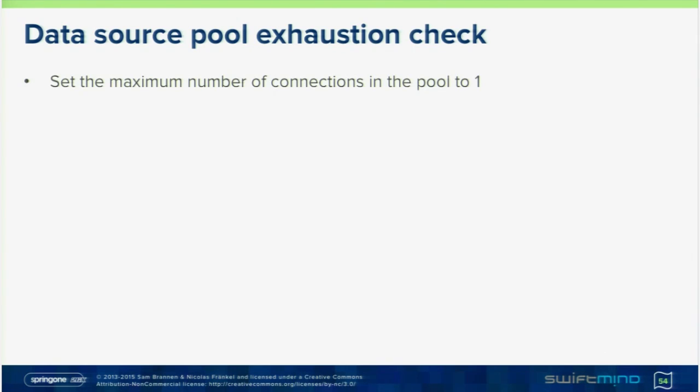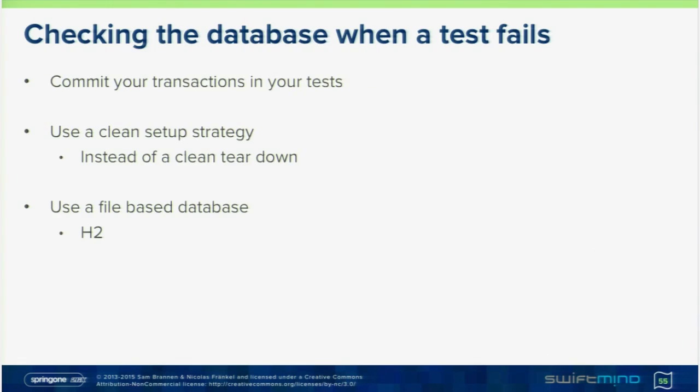That's a very common story. You might want to detect this kind of problem as early as possible, not in production. So in this case, whatever database you use, embedded or not embedded, in the development environment you should set your max active connections on the data source to 1. So if you don't release it, then you will know as soon as possible. That's a nifty trick that I encourage you to use.